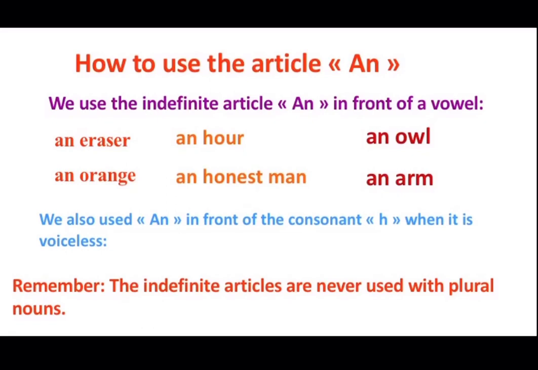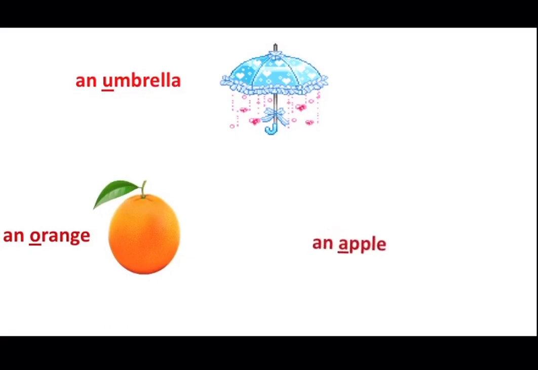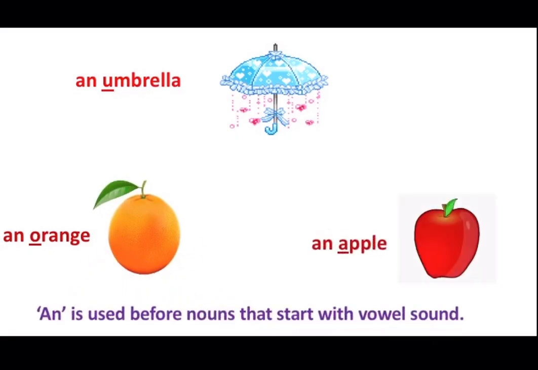Remember children, the indefinite articles are never used with plural nouns. For example, an umbrella, an orange, an apple. Remember children, article an is used before nouns that start with a vowel sound.